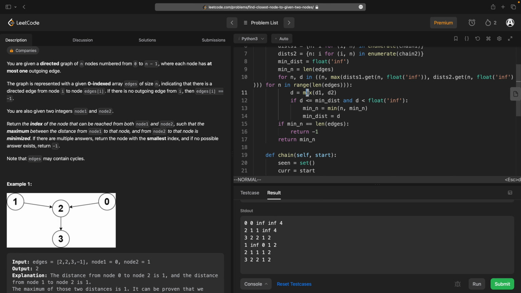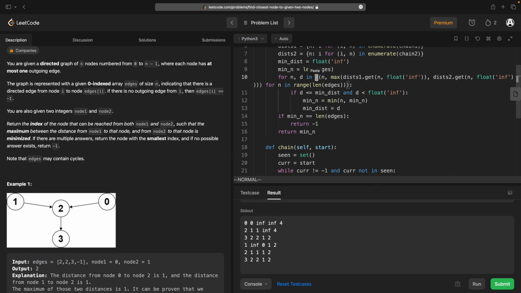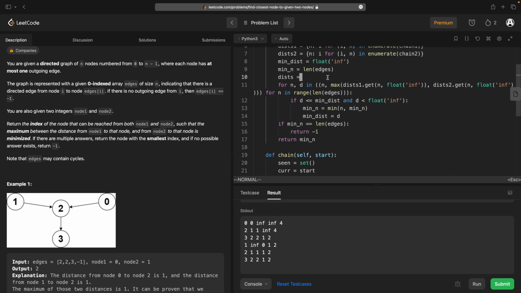Oof, that's a horrible line. Let me move that out completely. So dist is going to be this monstrosity.